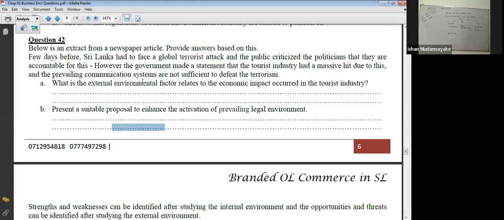I think the closest answer is that we can take the economic environment as well.